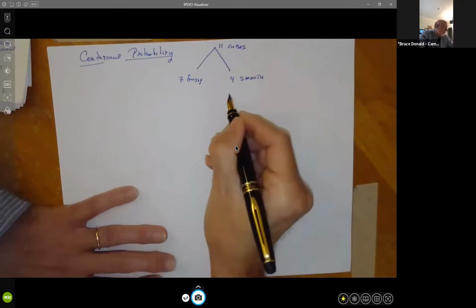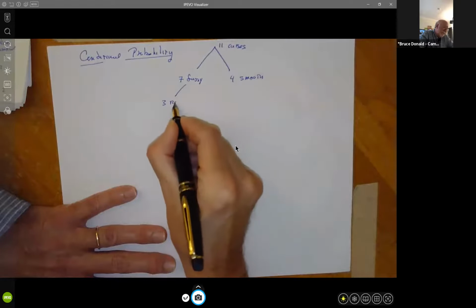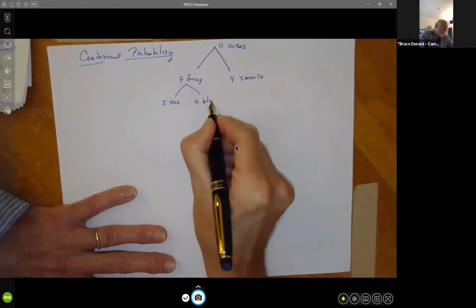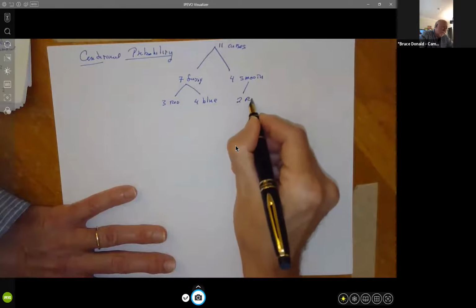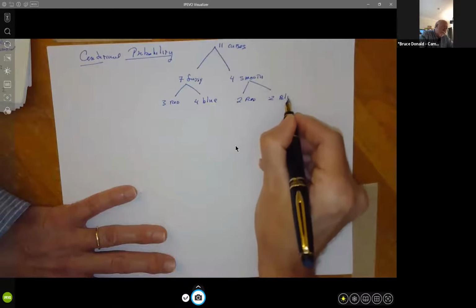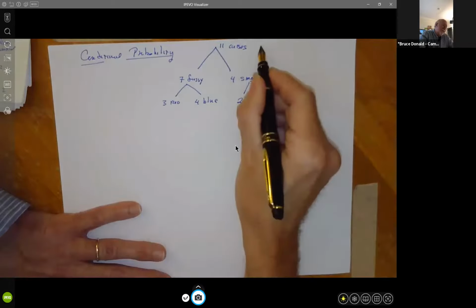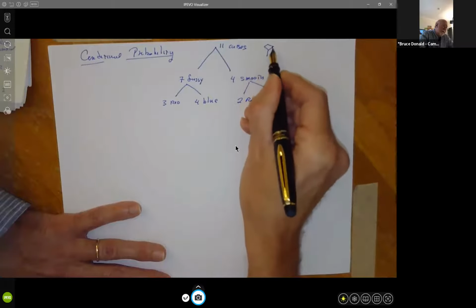And they have different colors. So of the fuzzy ones, 3 of them are red. And 4 of these are blue. And of the smooth ones, 2 are red. And 2 are blue. So already you can think of these cubes and the collection of these things.